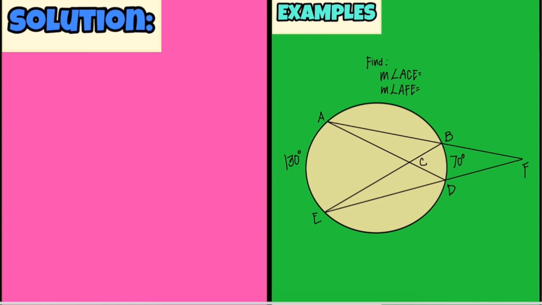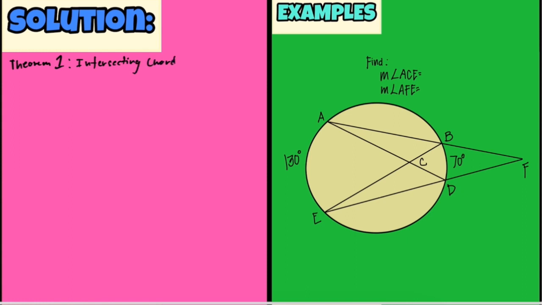So we have theorem 1 first. Theorem 1 again, guys, is intersecting chords or chord-chord. And since we have intersecting chords, the formula is simple.